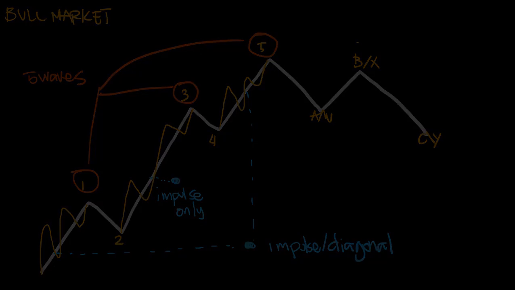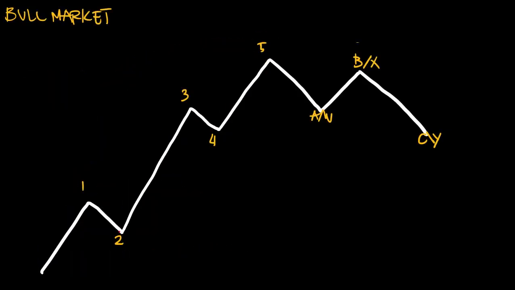The second point I want to make is that waves 2, 4, A, C, W, and Y are where the subjectivity of Elliott wave comes from. This is because these waves follow different forms and different structures, with a 3 or a 5 wave structure at any point in time.